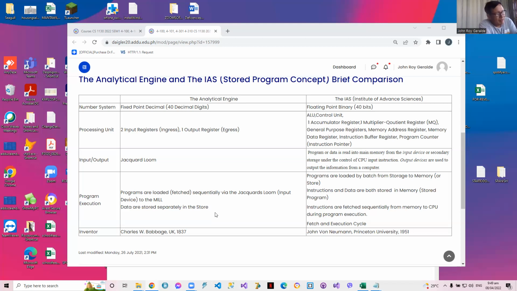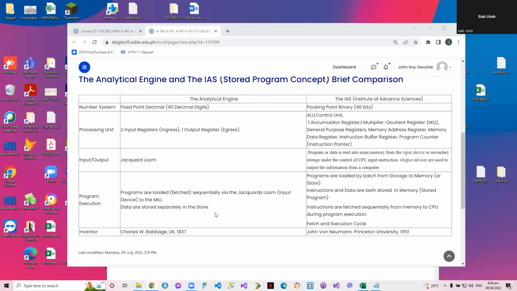In the IAS, the mathematical computations are done by an ALU, or an arithmetic logic unit. Okay? Any questions so far? And the program execution is done by a control unit. It has an accumulator register, like the ENIAC. And it has a multiplier quotient register and many other registers, which we will discuss shortly.